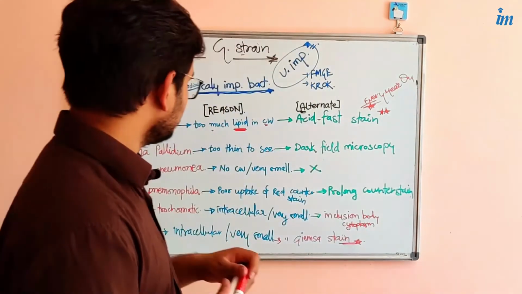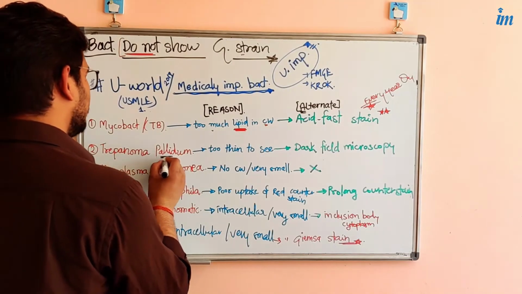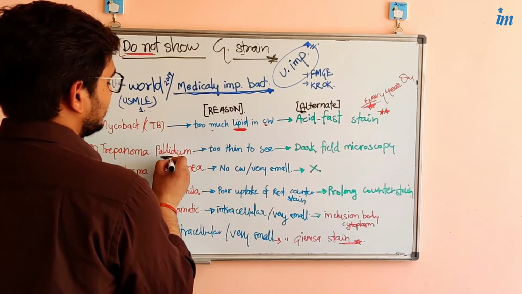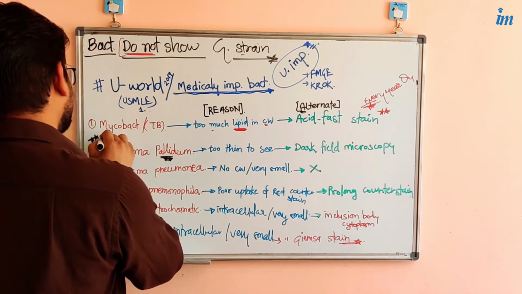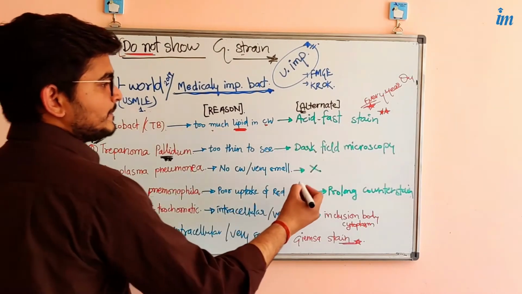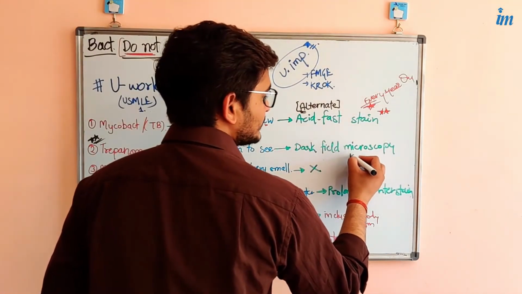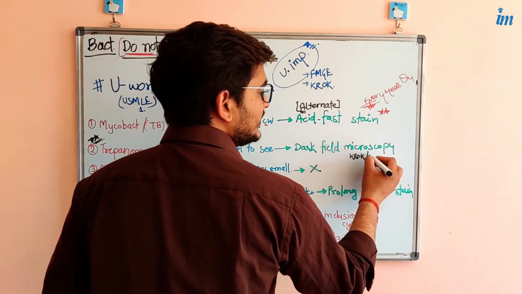Okay, and the second one, very famous, Treponema pallidum. If you remember, last time I gave questions, too many from it, only because it is specific. Every year crop question and every year NEET question.